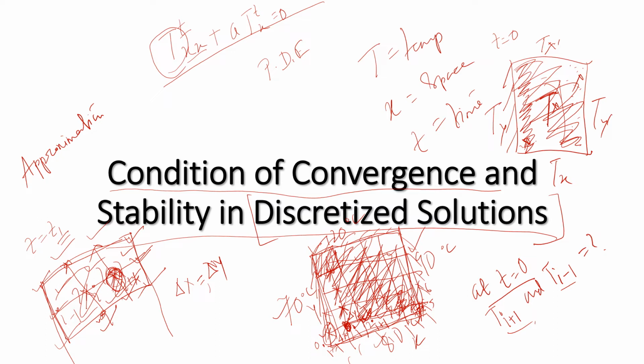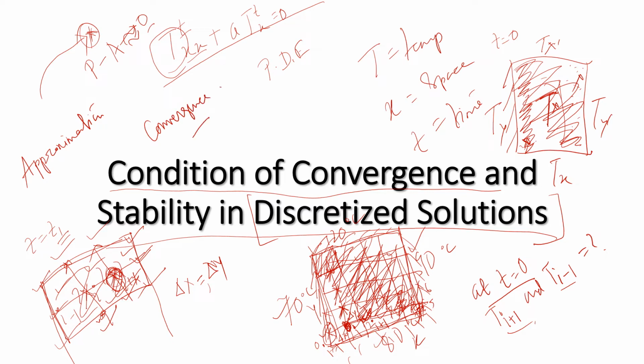In case of the discretized solution, we try to iterate towards the minimum error or towards the true solution, where predicted minus actual tends to 0, the optimal point. This approaching of the solution towards the optimal point is known as convergence of the equation.